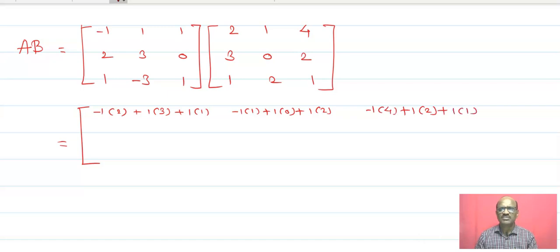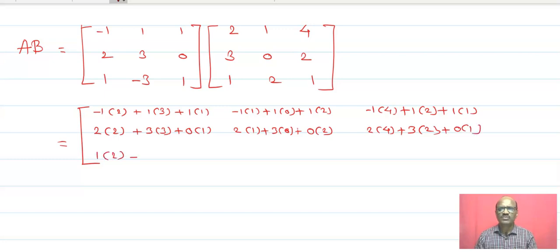And last is minus 1 into 4, 1 into 2, 1 into 1. Next is second row, first column: 2 into 2 plus 3 into 3 plus 0 into 1. Next is 2 into 1 plus 3 into 0 plus 0 into 2. And last is 2 into 4 plus 3 into 2 and 0 into 1.